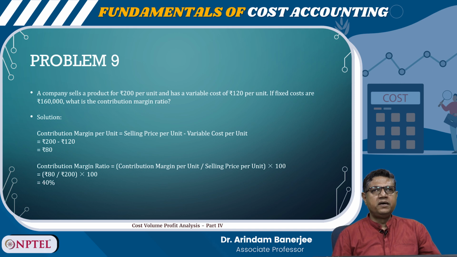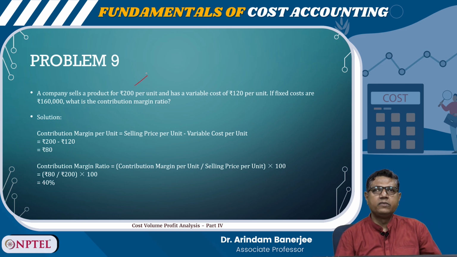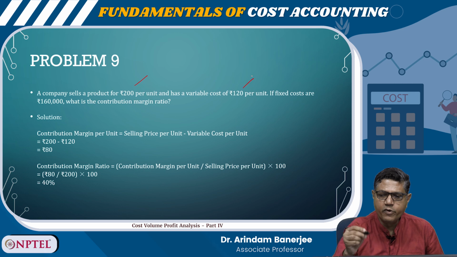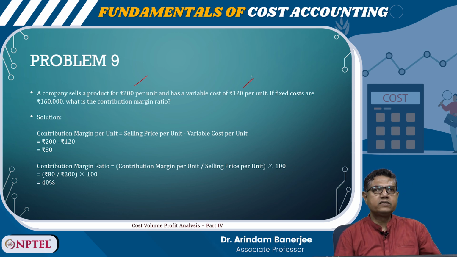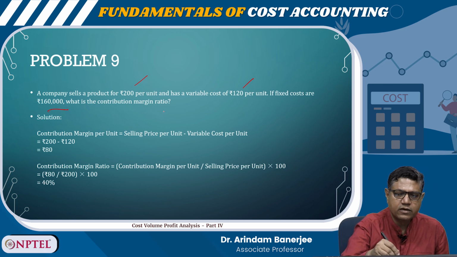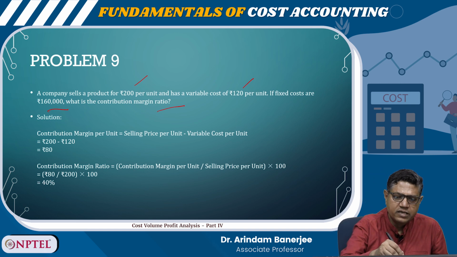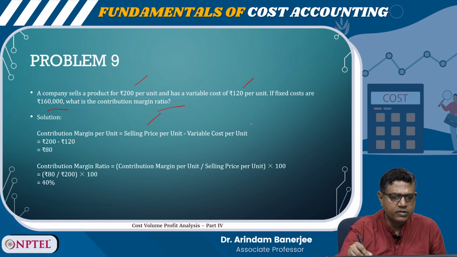Problem 9. A company sells a product for rupees 200 per unit and has a variable cost of rupees 120 per unit. If fixed costs are 1,60,000, what is the contribution margin ratio? Contribution margin ratio, we earlier also calculated in one problem. Contribution margin per unit is selling price per unit minus variable cost per unit.